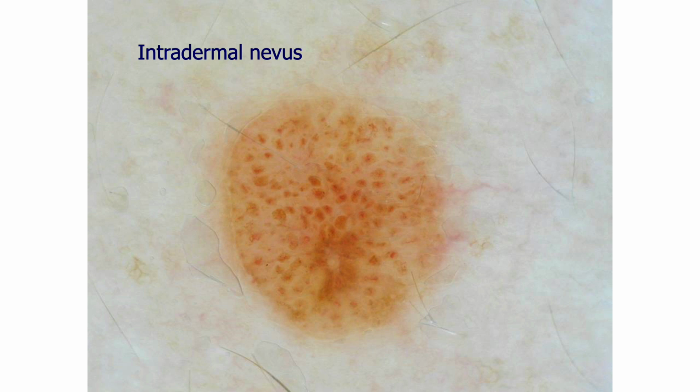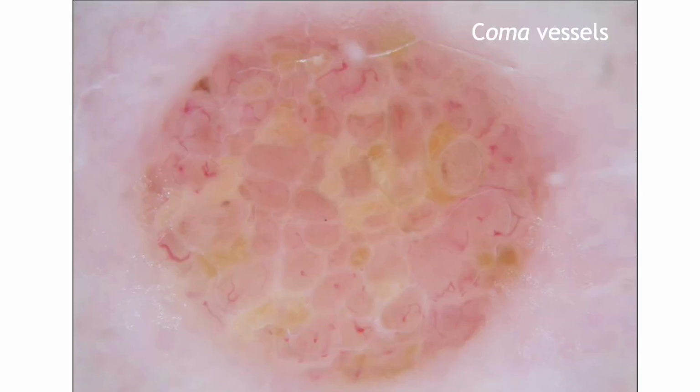Also, they will lose the pigmentation, and sometimes we find globules, or sometimes just a homogeneous light brown pigmentation, or sometimes they lose the pigmentation completely, and we find just this papillomatous surface with the typical comma vessels, these short, linear, and curvilinear vessels on the top of the papillae.